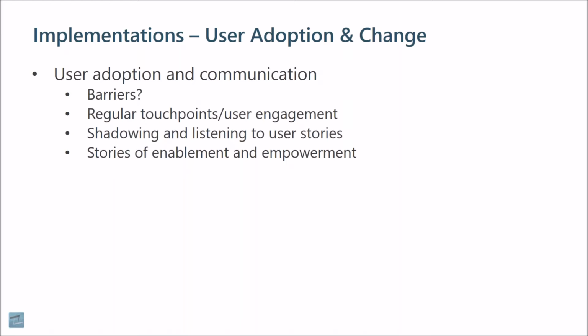What can our users expect when we go live, or when we get them into the system for testing, or any of these other things? So I just put some keys for user adoption. Identifying the barriers is going to be critical as a first step, but also getting those regular touch points. So not just saying, hey guys, we're going to do this, but we're really inclusive here.